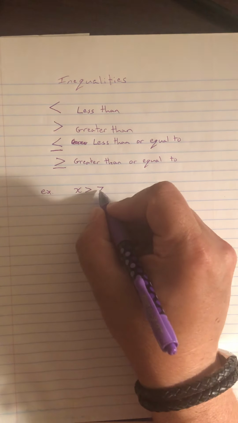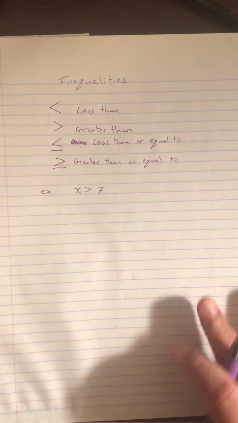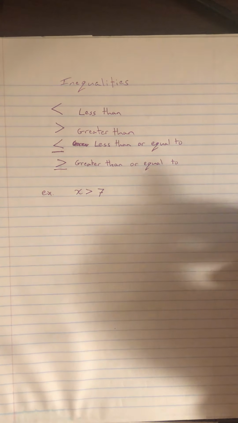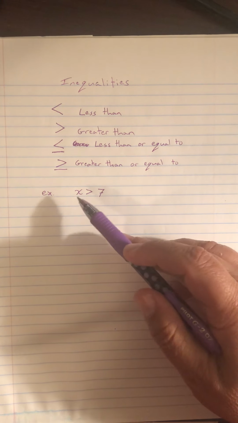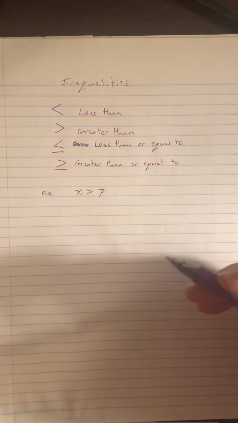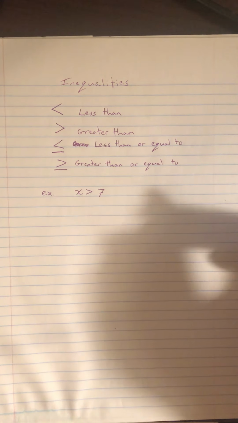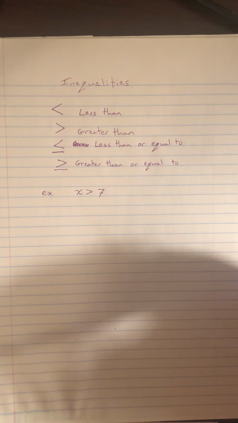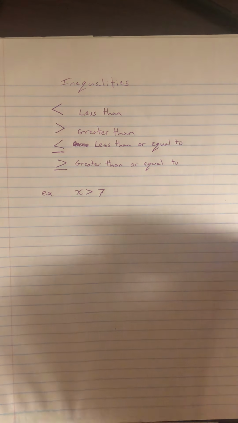Okay, I'll put a little line here so we know that that's a 7. So this x now, instead of having one value, all those equations have equal signs. There's one value. Now there's an infinite number of answers.